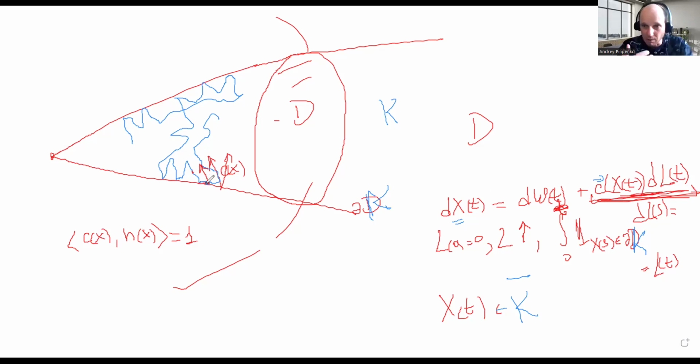And it is known that there exists a unique solution to this equation up to the moment when this diffusion possibly hits the vertex. And the question is how to find the probability that the vertex is reached by this diffusion.